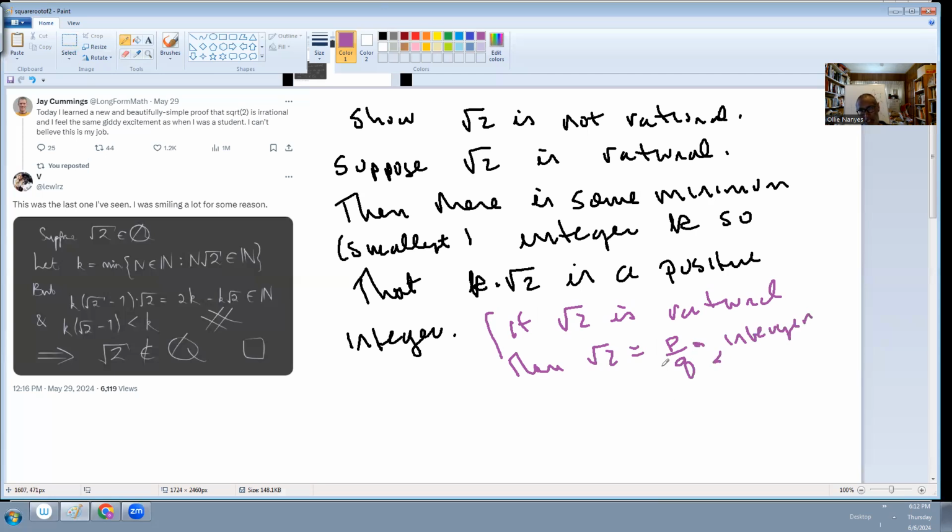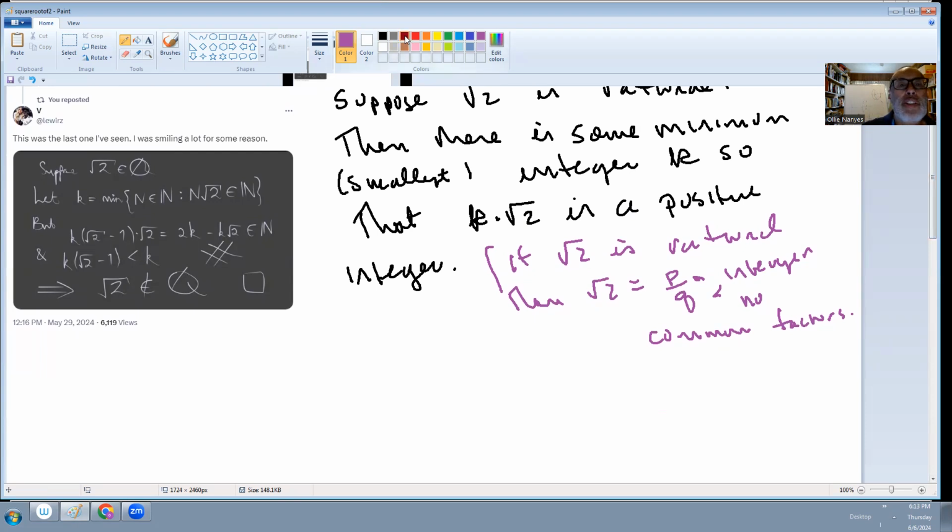And you can assume that there are no common factors, in other words, they're in least terms, and there's going to be a smallest one. Like, for example, q times the square root of 2 is p, an integer. So we're going to assume that k is the smallest integer such that k times the square root of 2 is itself an integer.